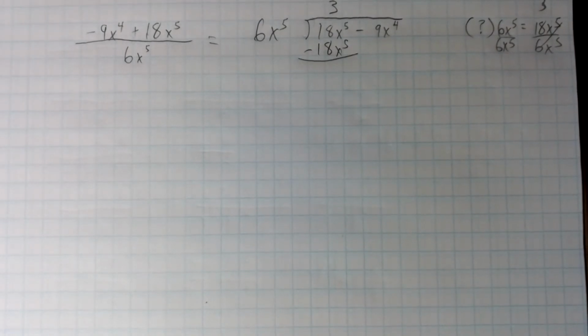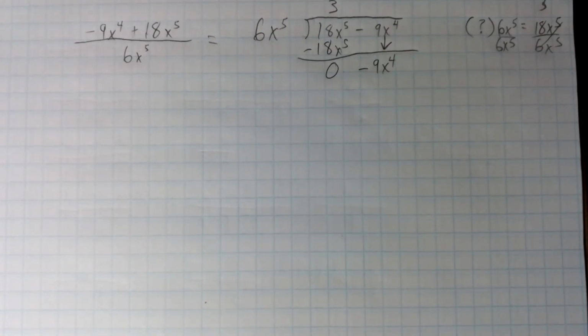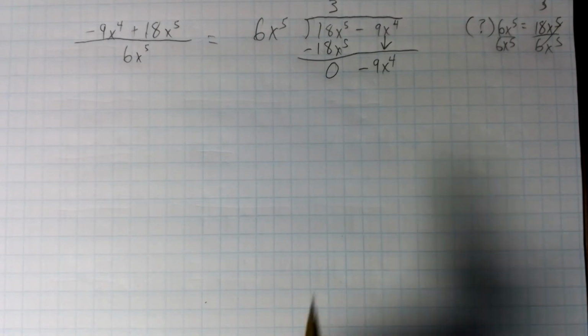Do my operation. 3 times 6x to the 5th gives me a 18x to the 5th, and I'm going to minus it. I'm going to bring down my negative 9x to the 4th. Well, I need to recognize something here.